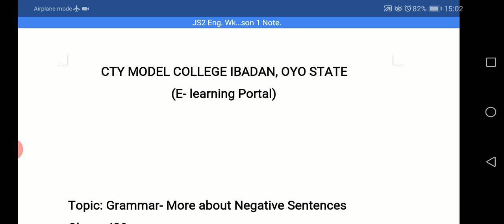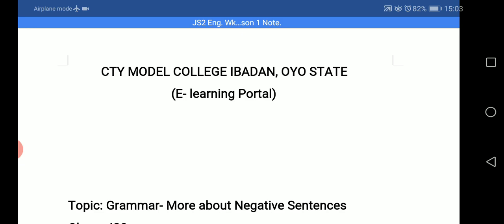In our previous class under grammar, we learned that a negative sentence is the opposite of a positive sentence or statement. We can make a negative sentence by adding not immediately after the auxiliary have, will, and are.